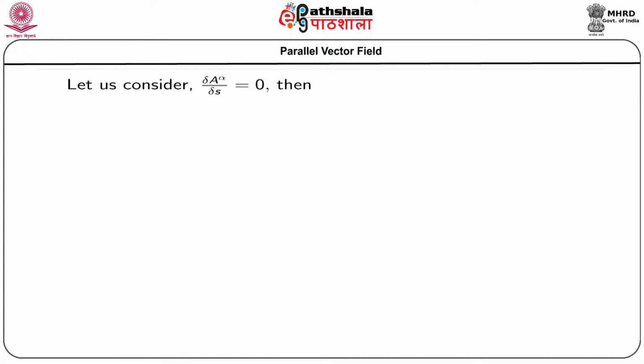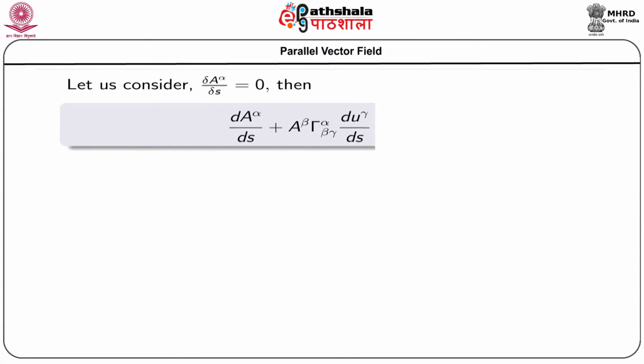Now, let us consider delta A alpha delta S equal to 0. That means the intrinsic derivative of A alpha with respect to S is equal to 0. That means dA alpha ds plus A beta Christoffel symbol alpha beta gamma du gamma ds equal to 0.